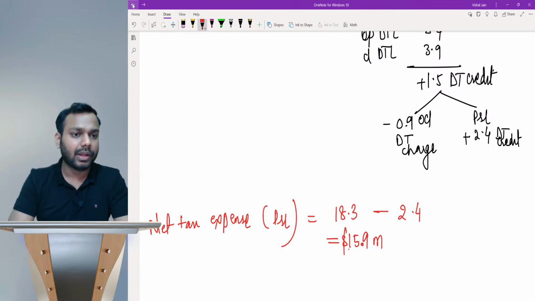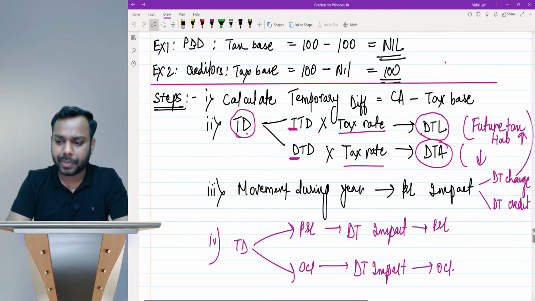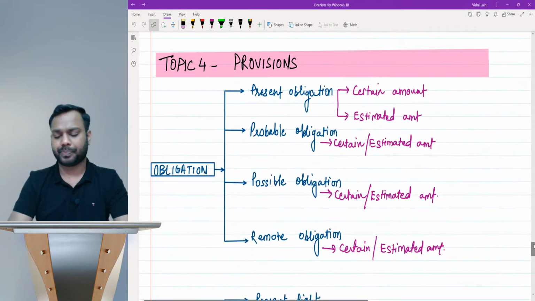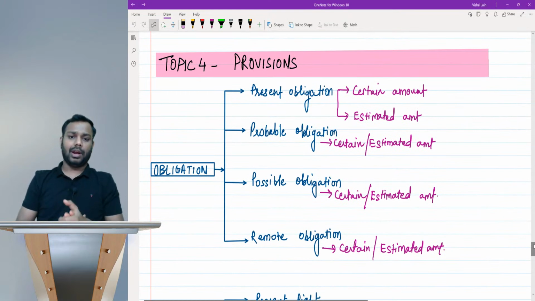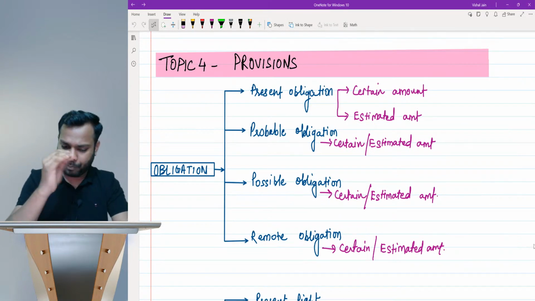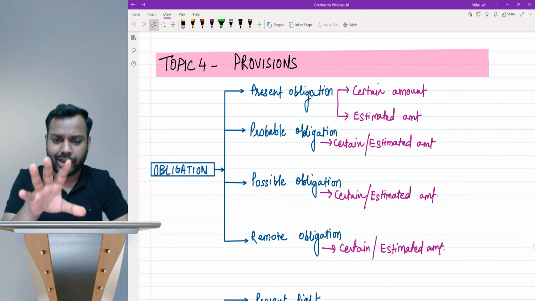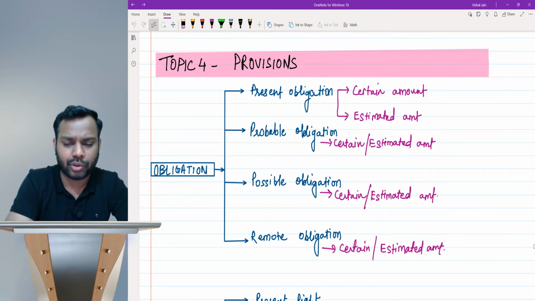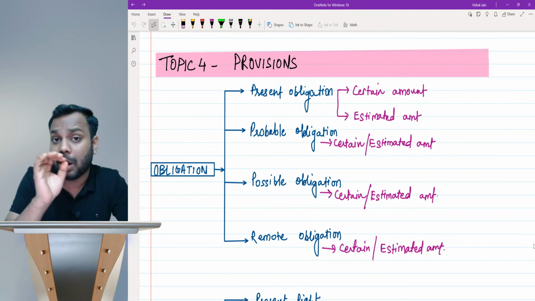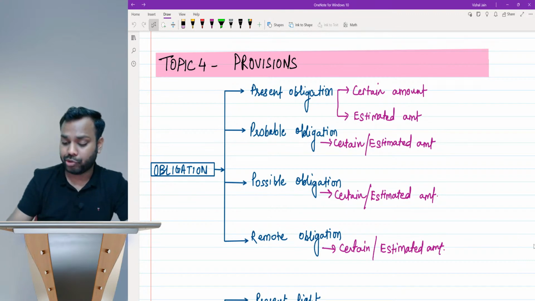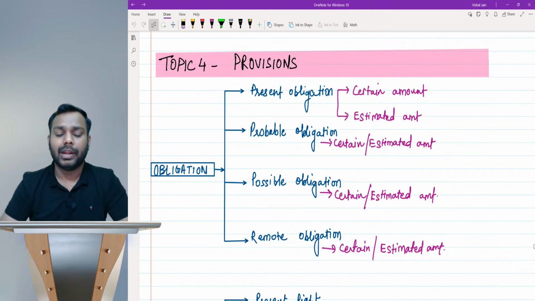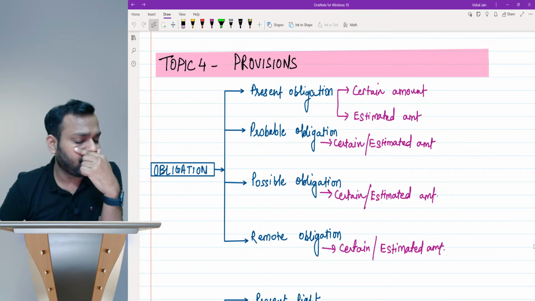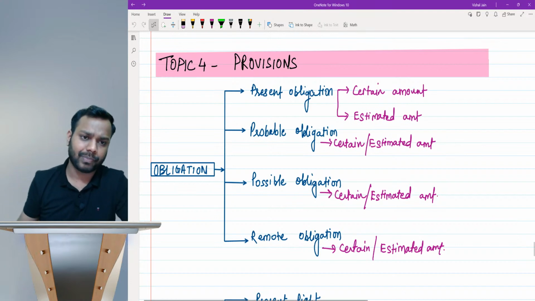Very good. Now, coming back to our topic, topic 4, that is provisions. I will discuss provisions very generically, because there are a lot of examples in your book which you can read, but I will explain the general logic behind everything. If there is a present obligation, first let's understand the meaning of obligation.